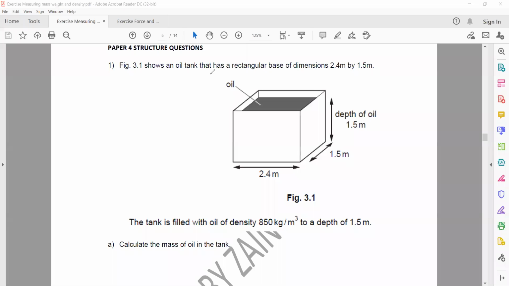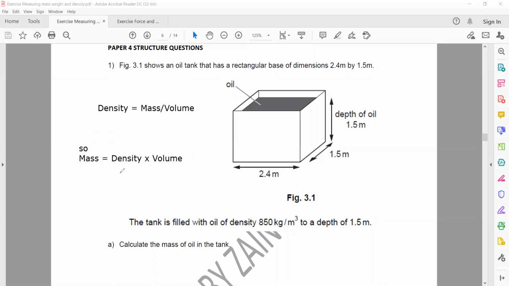We have the formula that density is equal to mass present in a unit volume. So density is mass divided by volume, but in the question we need mass, so the mass will be equal to density multiplied by the volume.